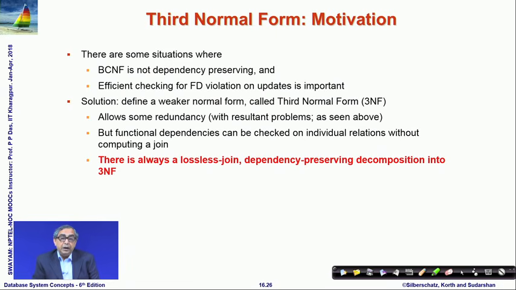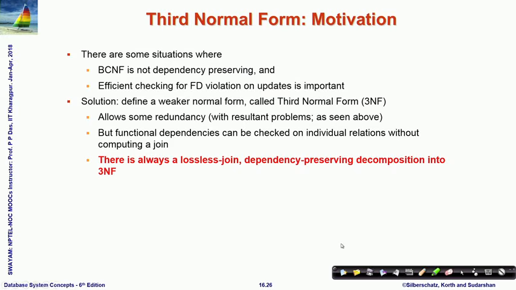If you recall our discussions in the earlier part of the relational design modules, Boyce-Codd normal form we had also discussed at the early stages, and that gives you a decomposition which is lossless join, but it does not guarantee preservation of the dependencies, whereas third normal form does that.